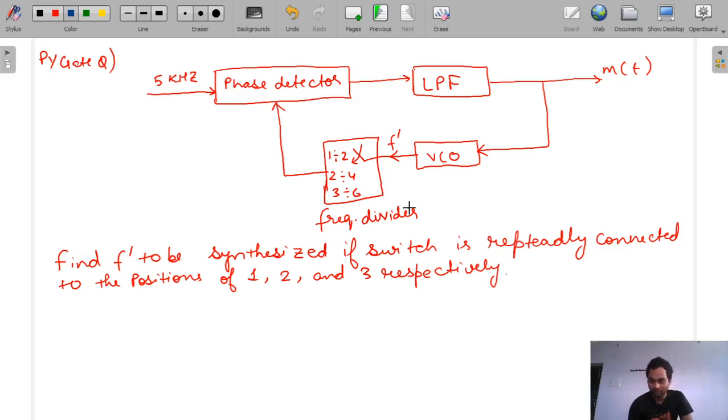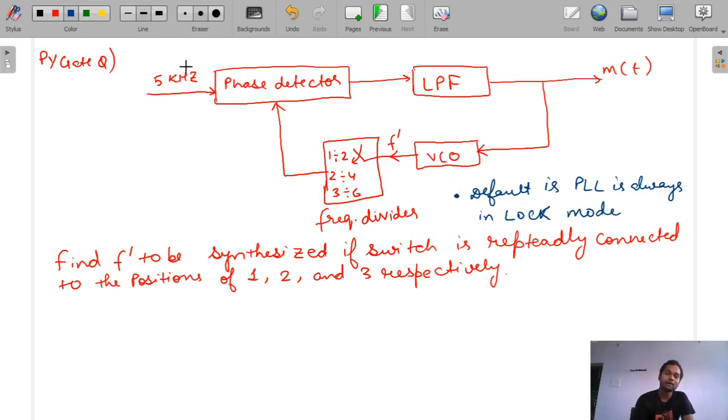And one more thing, when nothing is given whether PLL is in lock mode or capture mode, then the default is PLL is always in lock mode. Lock mode means frequency should be synthesized. So see, our FM signal 5 kilohertz is given. You have to find for all those three parts.